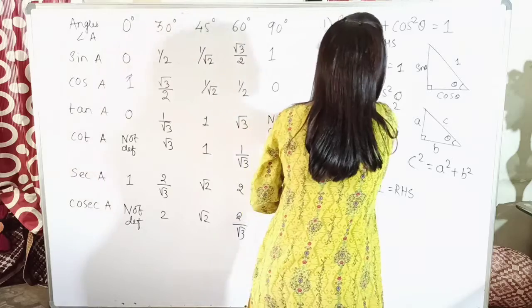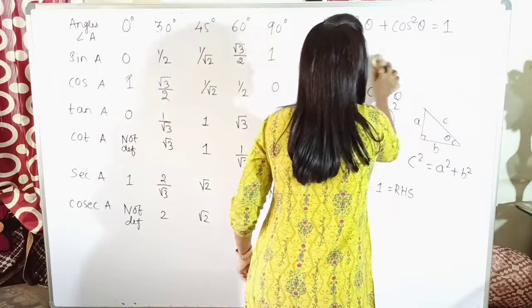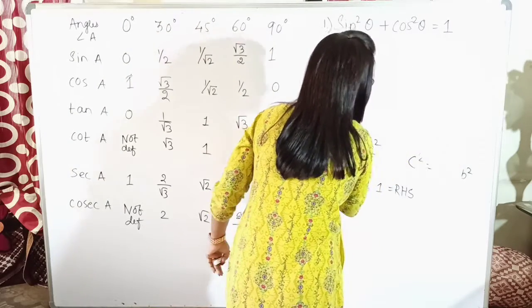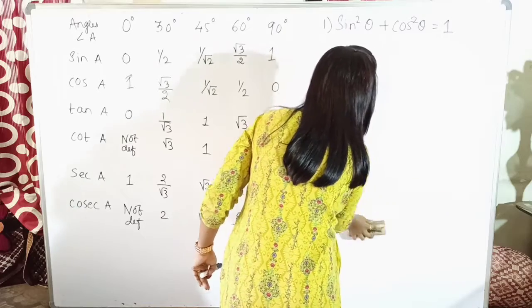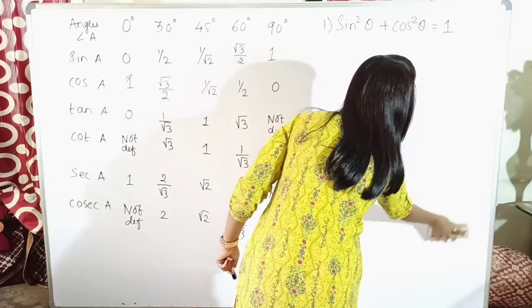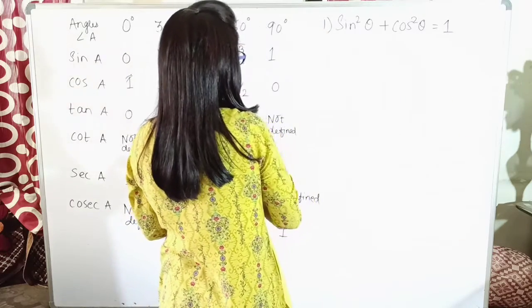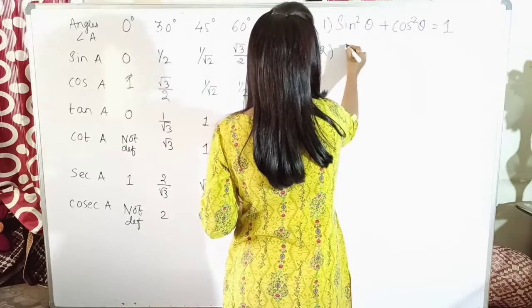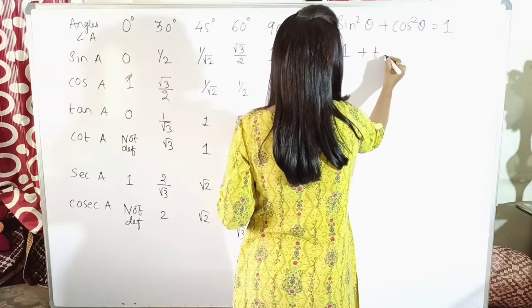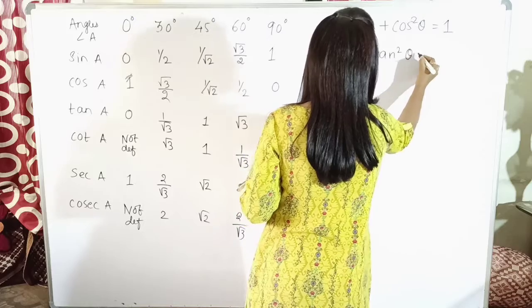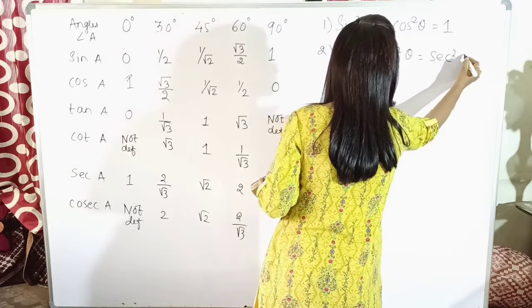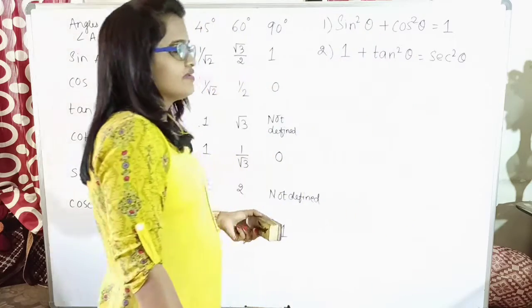Let us see the next identity, which is 1 plus tan square theta, which will give me sec square theta. Okay, so the second identity is 1 plus tan square theta is equal to sec square theta. Right?